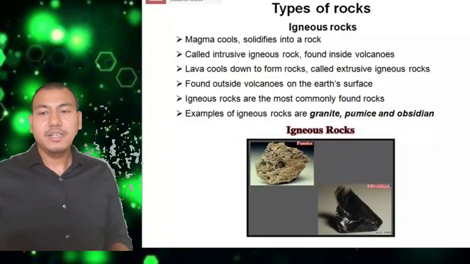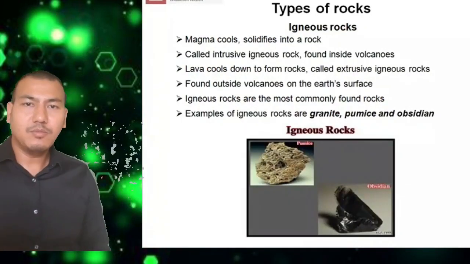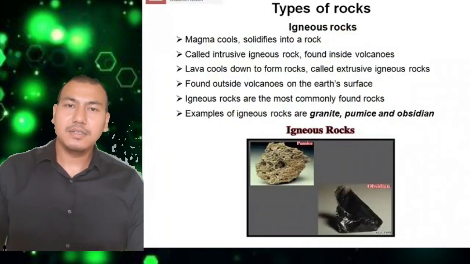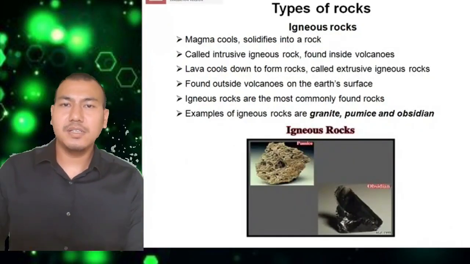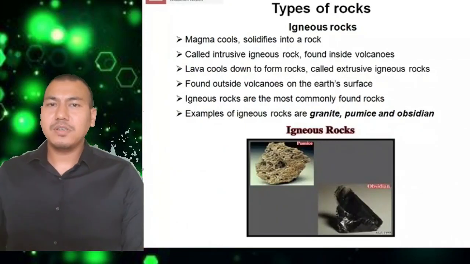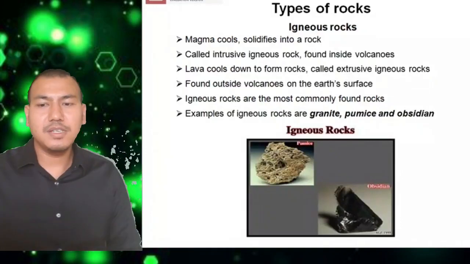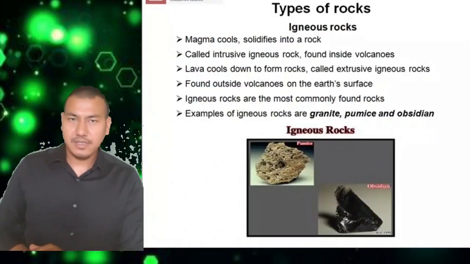So I had already told you that igneous rocks कहाँबाट बनिन्छ भन्दा चाहिँ when the molten lava that comes out from the earth's interior cools down and solidifies, त्यसलाई हामी भन्छौँ igneous rock. Igneous rocks are also two types, that is intrusive igneous rock and extrusive igneous rock.